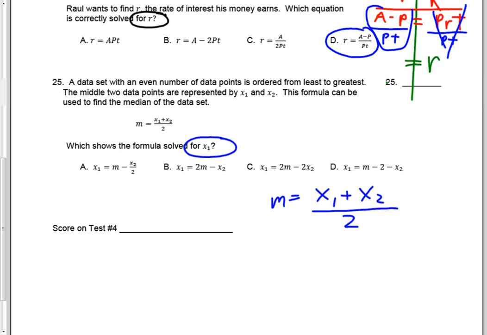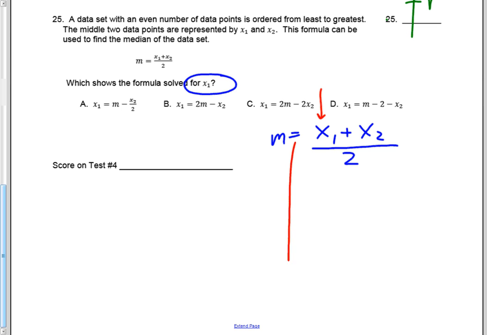What do you call this little number? Have you heard of subscripts? A subscript is just a name. That is x number 1, this is x number 2. Instead of having a different letter, we're just using a little number underneath. So this is what we want to get alone, right here.